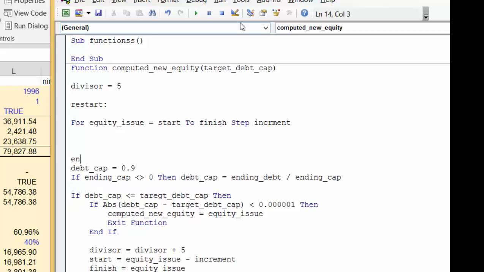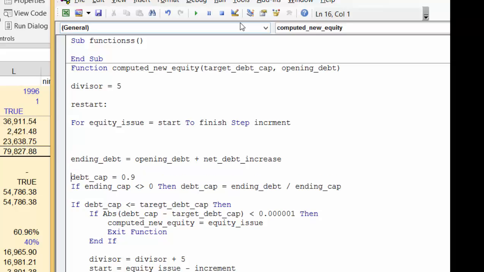Well, ending debt is equal to the opening debt plus the net debt increase. And the net debt increase is going to be computed, but we need to read in the opening debt. Now, then we can put the ending cap.